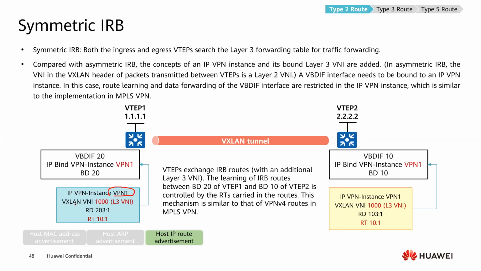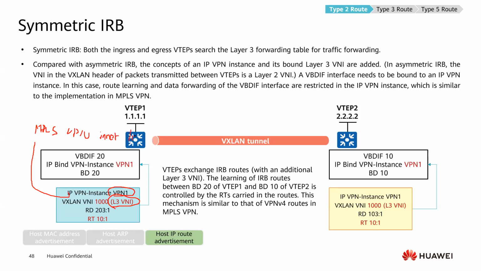This information is the VXLAN VNI. It is the Layer 3 VNI. So what is the Layer 3 VNI? You can just consider it is like the MPLS VPN inner label.